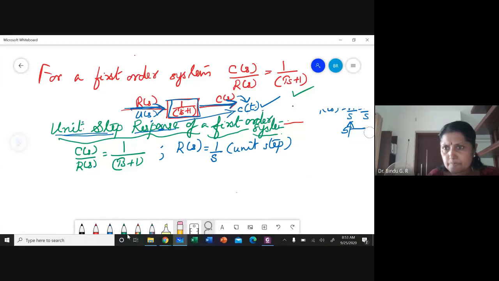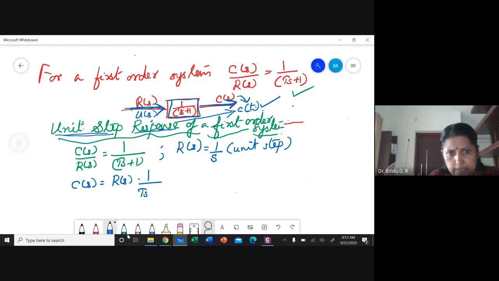Now C(s) is equal to R(s) into 1 by Ts plus 1, that is equal to 1 by s into 1 by Ts plus 1.